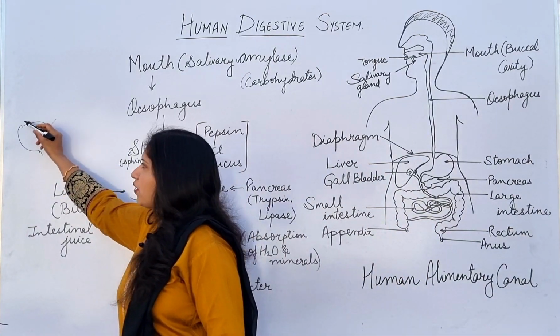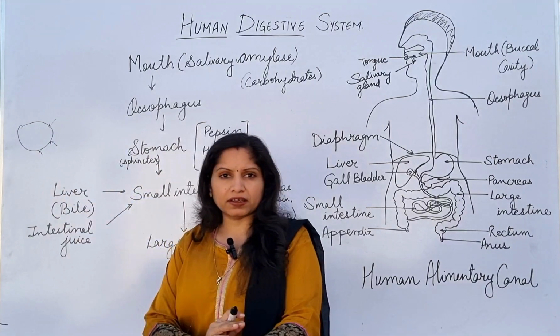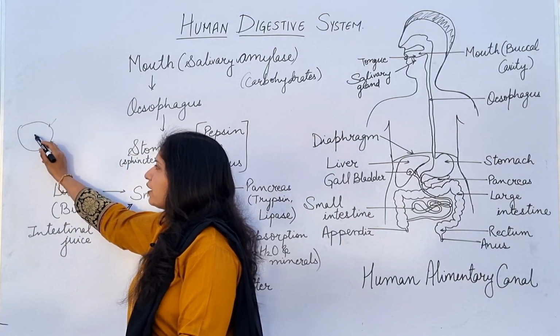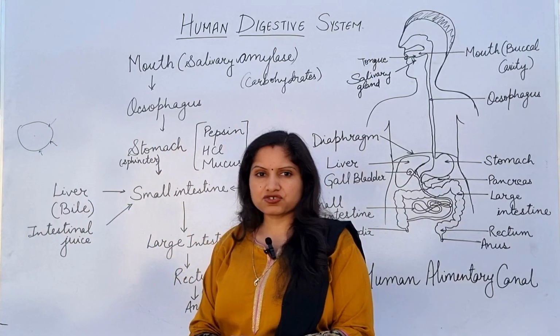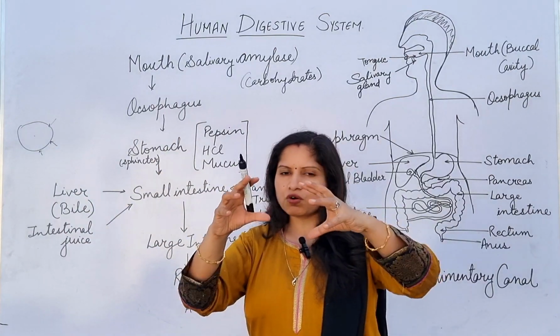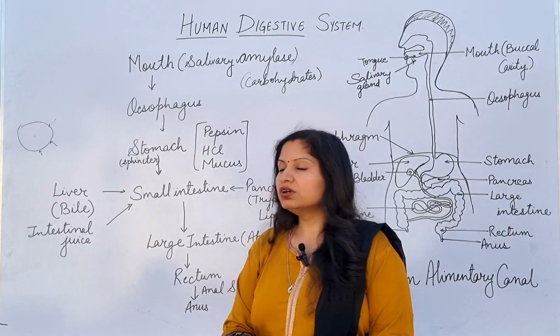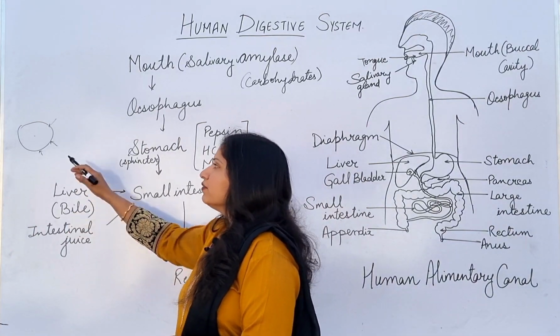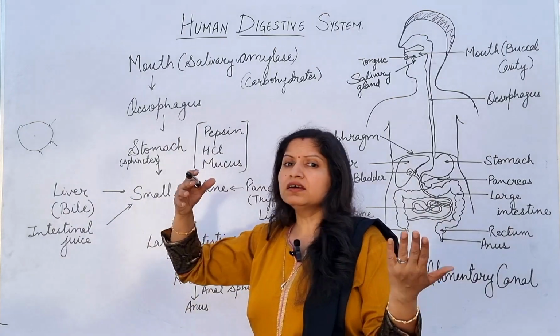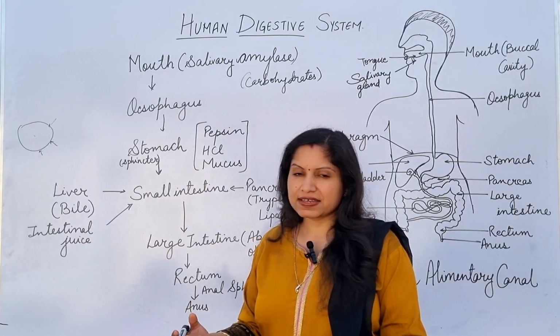Only the digestion of the fat that is there at the surface will happen, and there will be no digestion of fat that is present inside this spherical structure. Fats always form big globules. So how to digest the fat now? For that, the bile makes emulsification of fats.